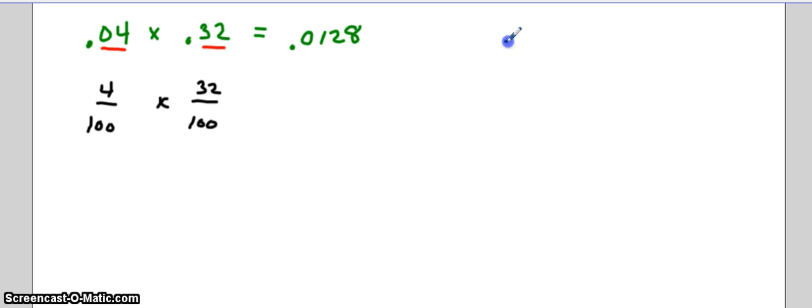So I'm going to line it up over here, 0.32 times 0.04. And unlike addition and subtraction, we really don't need to line up the decimals. It doesn't do anything for us. It's not important to line them up with multiplication. It just so happened that on this problem, it works out.